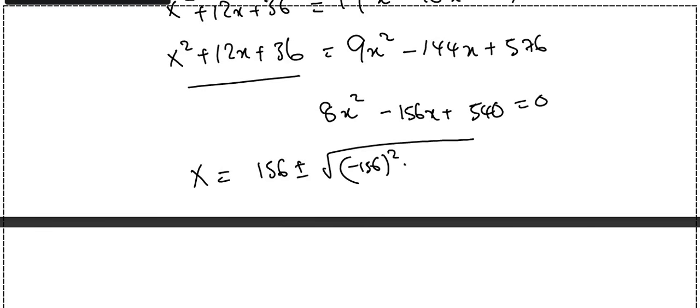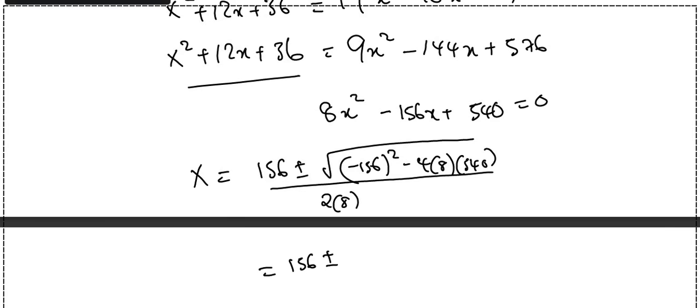So that's 156 squared minus 4 times this, all over 2a. 156 plus or minus the square root of 156 squared minus 4ac. Because of time, I'm just going to make it fast and use a calculator.